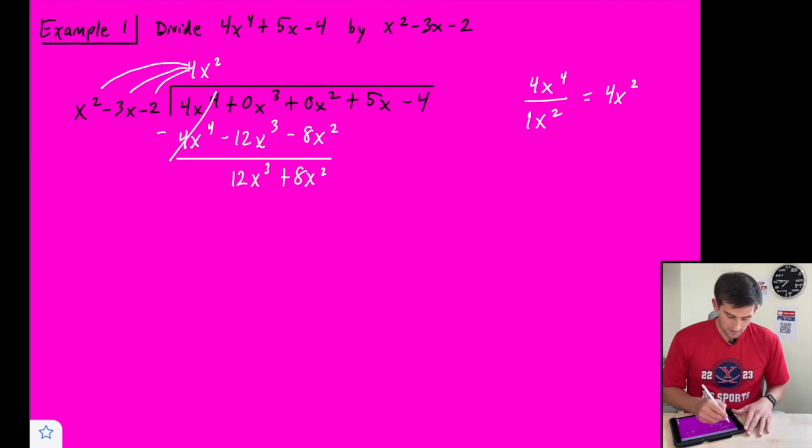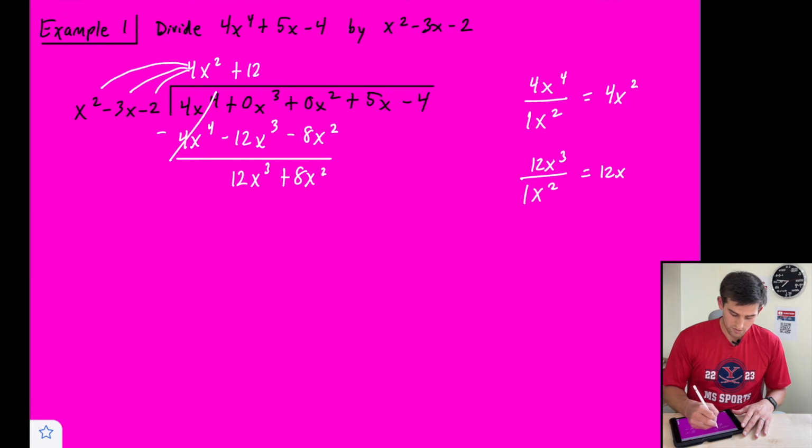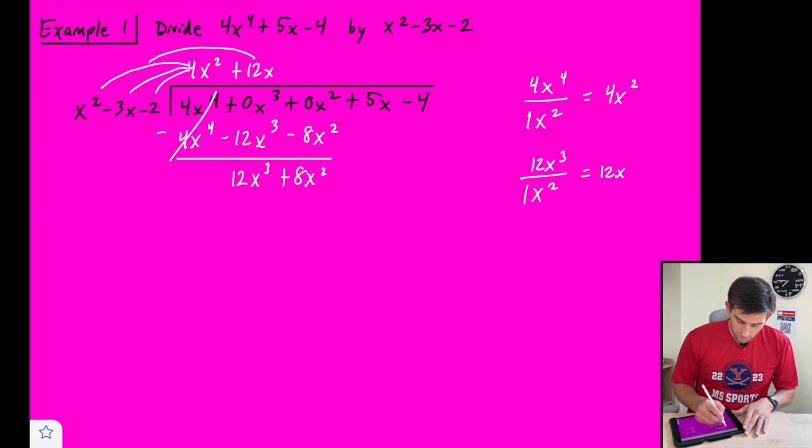Now we look at, how many times will x squared go into 12x cubed? We can think about the same thing on the right side: 12x cubed divided by x squared gives us 12x. So we can put plus 12x up here. Now we're going to multiply once again by all 3 of our terms.